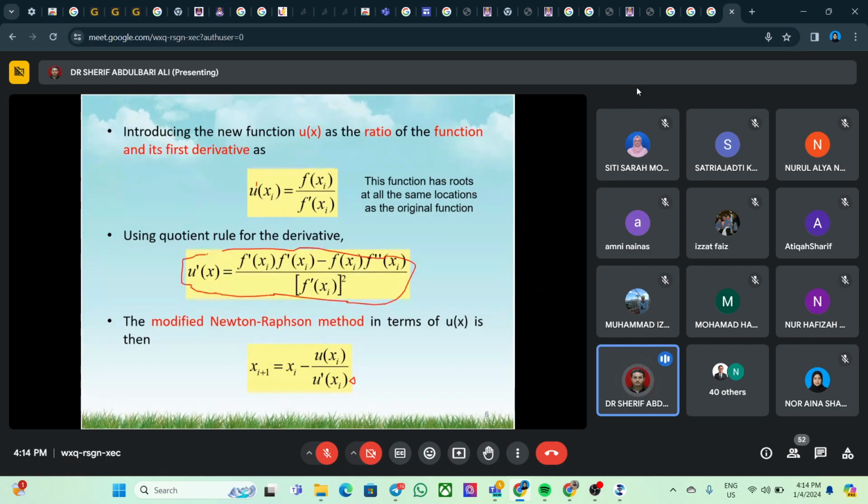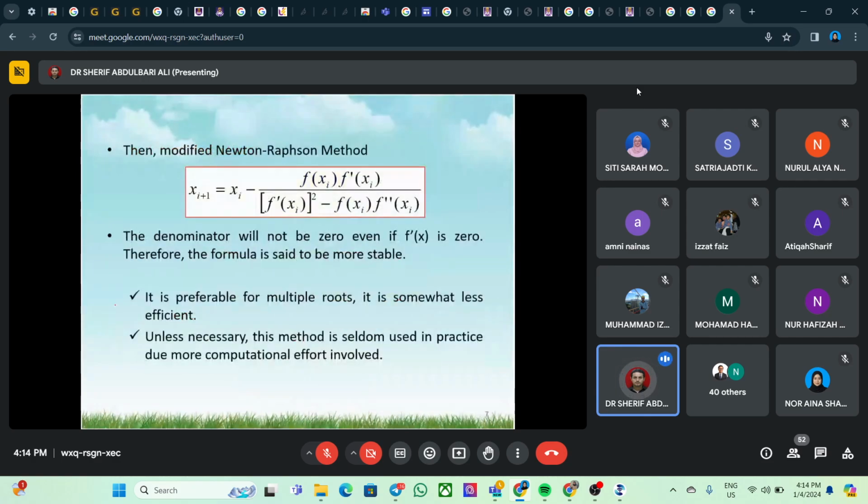By putting u(x) and the first derivative of u(x) inside the Newton-Raphson equation, you get the modified Newton-Raphson equation. To predict a new value, x is equal to x minus the function times the first derivative of the function, over the first derivative of the function squared, minus the function times the second derivative of the function.